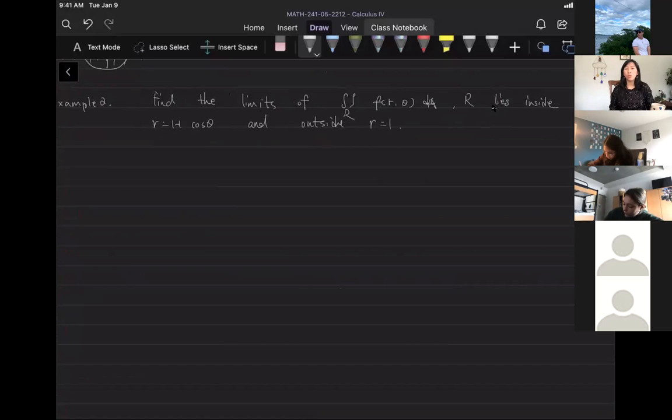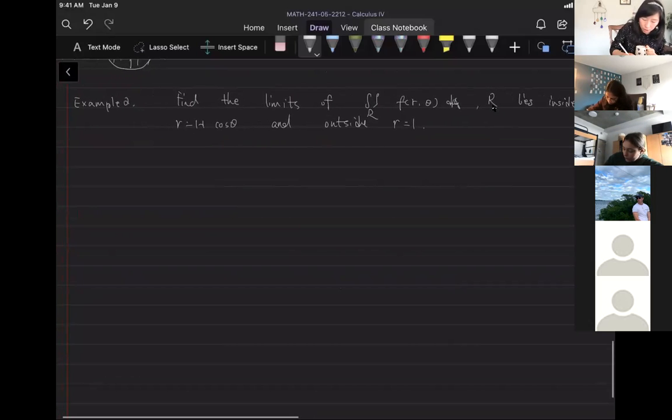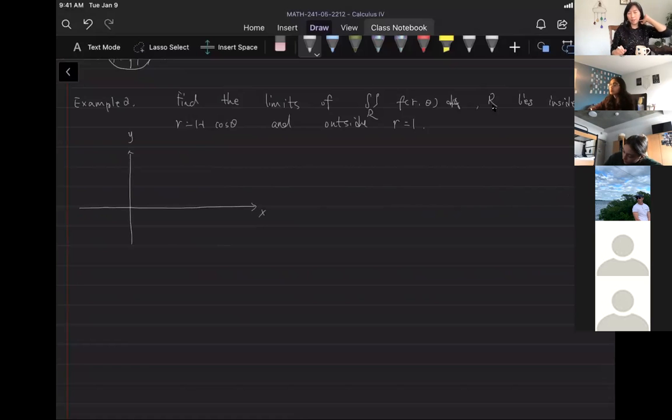But firstly, we need to know how to sketch the graph. If we have the graph, we can find the boundaries. It's in 2D, right? So the inside of the cardioid, we learned this in Calculus 3, is like a heart shape, like this one.